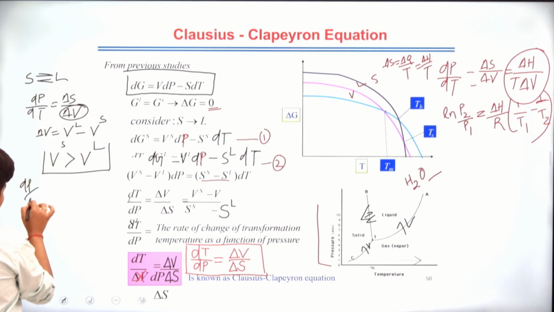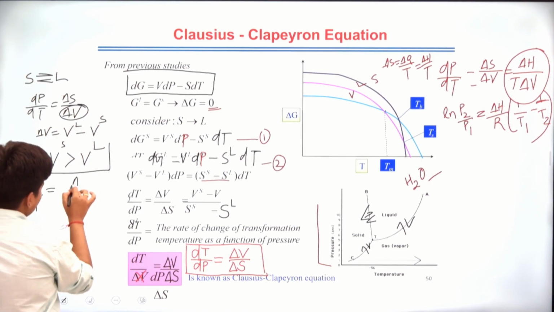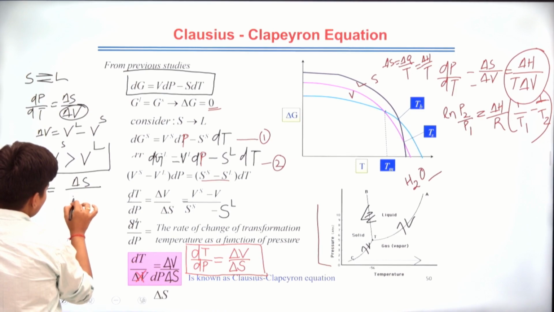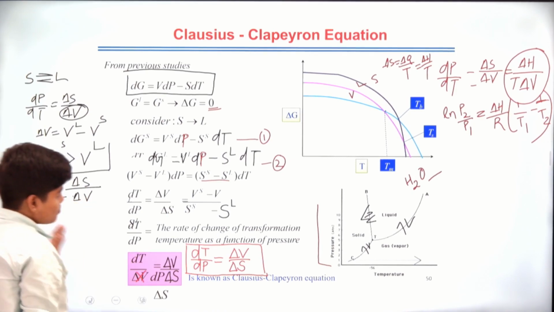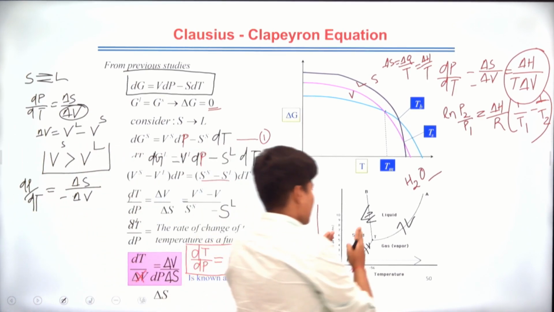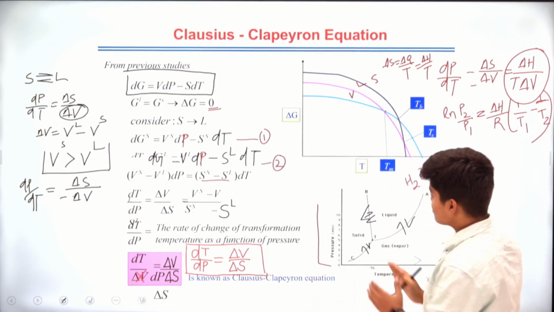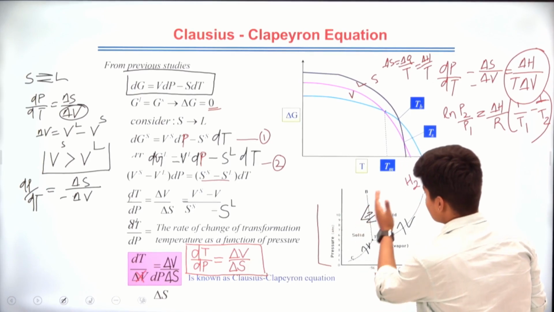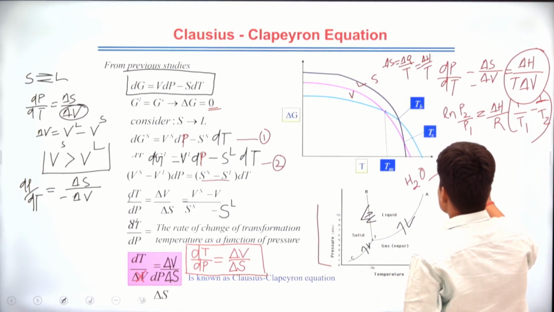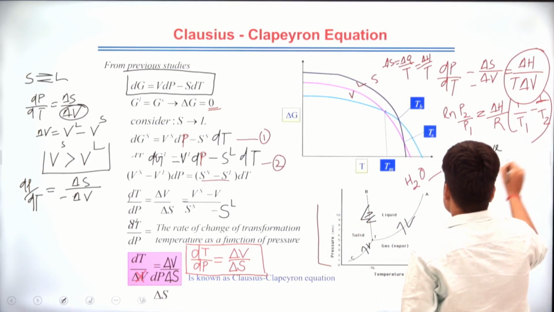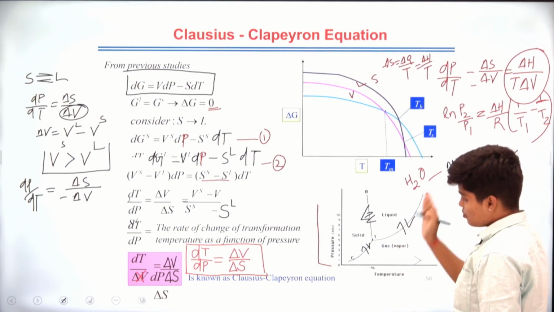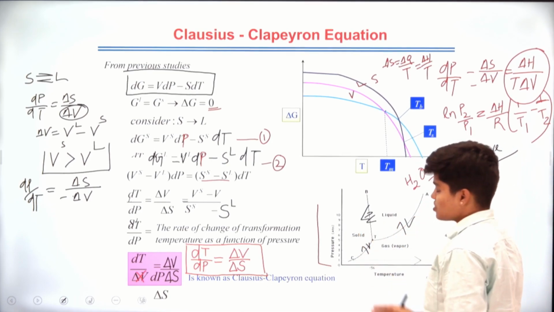Okay, and for dP by dT we can write delta S is positive but delta V will be negative. That's why the slope is negative, and the line is inclined towards the left, meaning delta y by delta x will be negative. But for liquid to gas, the slope is positive. For solid to gas, the slope is positive. Why?